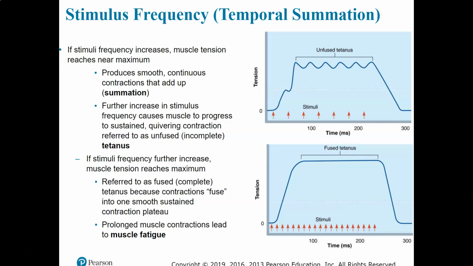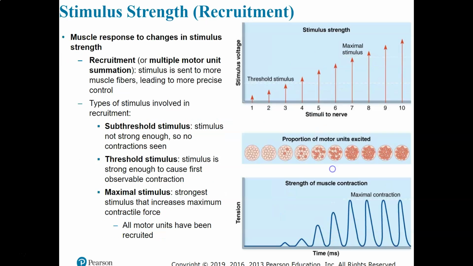Tetanus refers to this muscle tension, the muscle being contracted. If we have this prolonged contraction, then we can start to get what's called muscle fatigue, where the muscle will stop working. We can also increase stimulus strength, what's called recruitment rather than summation.